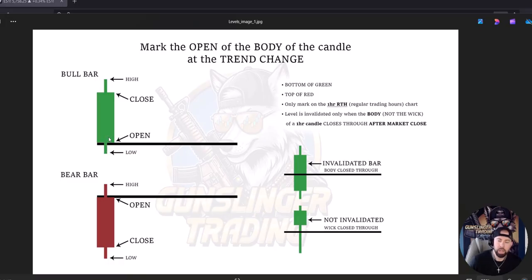Now, a green candle opens at the bottom of the body, and a red candle opens at the top. So if this green candle flipped red and went down, this level would still be in the same spot. Bottom of green, top of red.